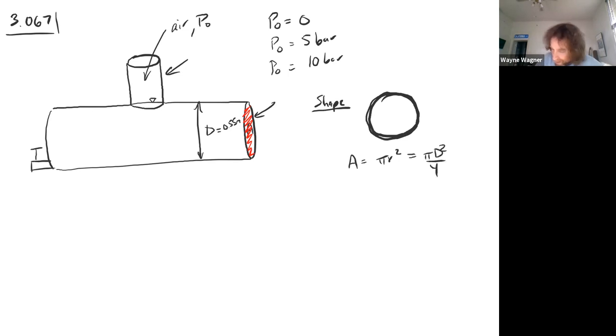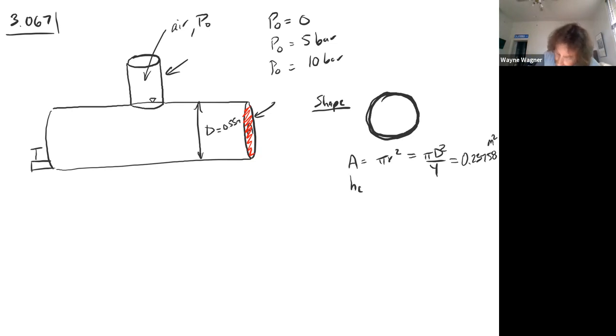I'm just going to plug that in a calculator. Holler if you don't like it. 0.55 squared times pi divided by 4 equals 0.23758 meters squared.